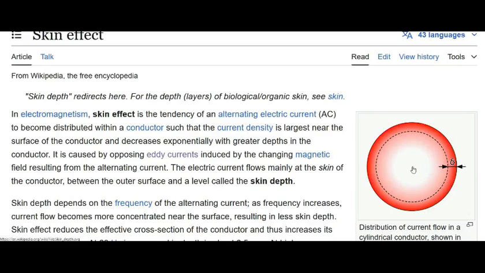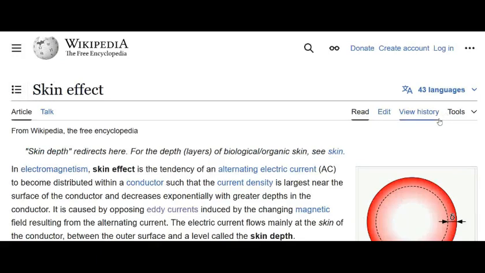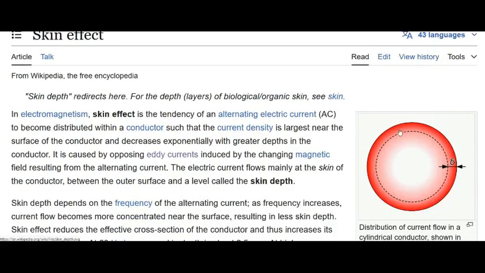So that's why up until you get to that frequency, you don't see a dramatic change, because only at the center there it would be decreased by about a third. But with this one, for this particular frequency and this particular diameter of wire, you can see all of the current is just flowing on the outside here.